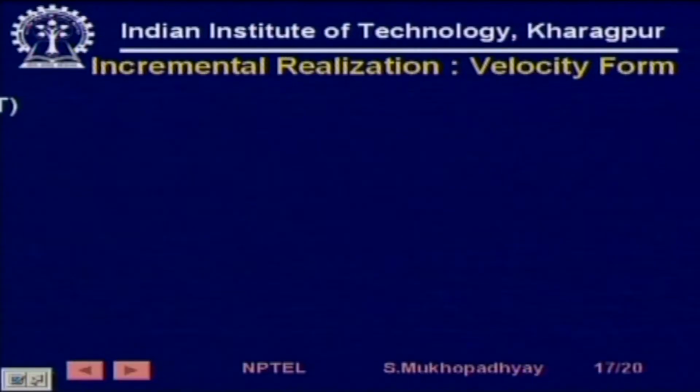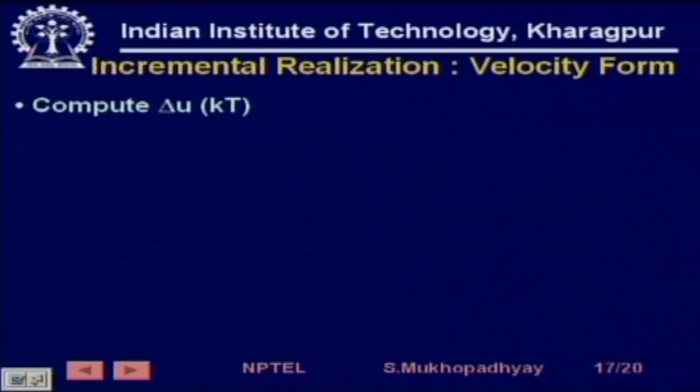Now, as we have seen, in some cases it is necessary to generate delta u rather than u. So, the question is, how do we generate delta u? That is called an incremental realization of the PID controller, or sometimes called a velocity form. So, what happens in the velocity form?